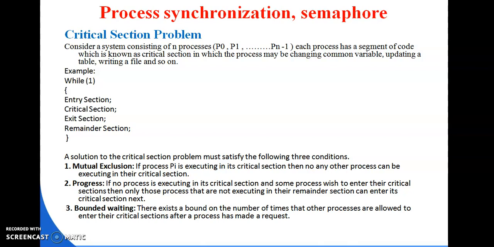Each time, P1 and P2 run in their critical section, but no chance is given to P3, P4 and P5. Then only P1 and P2 run in their critical section, but P3, P4, P5 never get a chance to enter their critical section. So bounded waiting means there is a limitation on executing within the critical section. Clear? So this is all about the critical section.